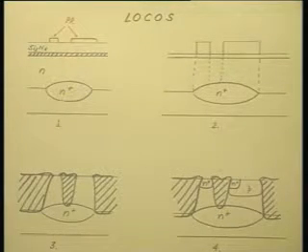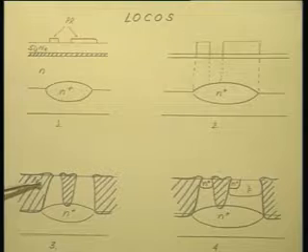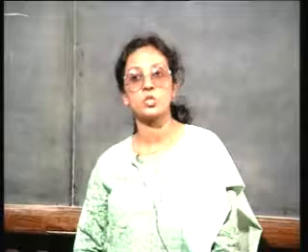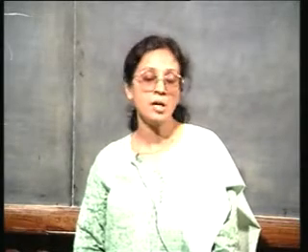So, oxidation progresses on both these surfaces, therefore, there is a slight encroachment under the mask, which is actually called the bird's beak problem, because it looks somewhat like a bird's beak. But the bird's beak problem is not very severe as far as bipolar junction technology is concerned. We will discuss in more detail about the bird's beak problem when we discuss MOSFET technologies, because there it will be more severe. We will discuss how those problems can be minimized.